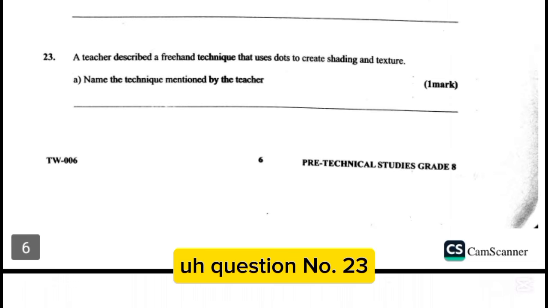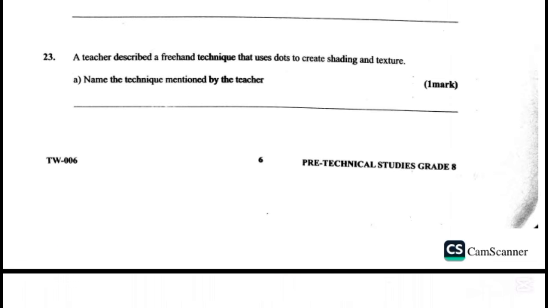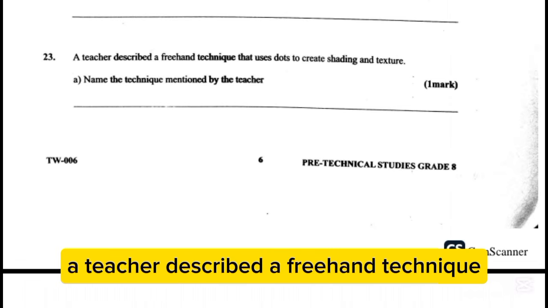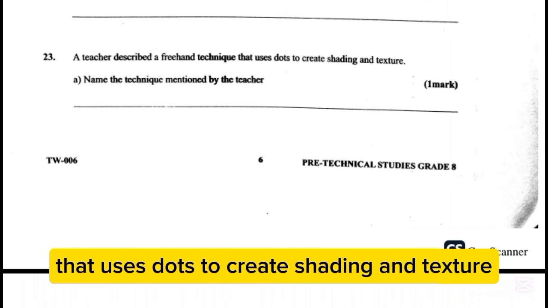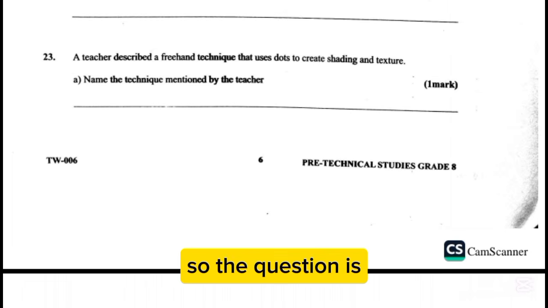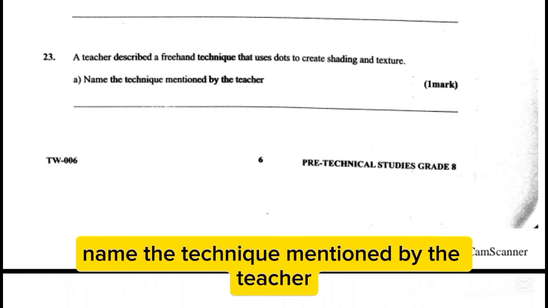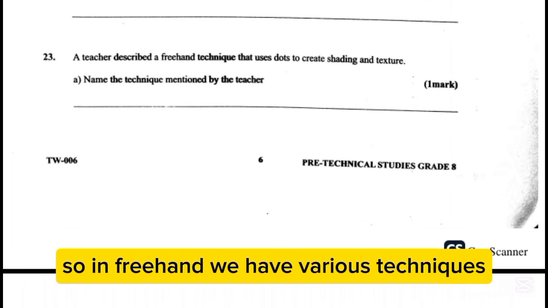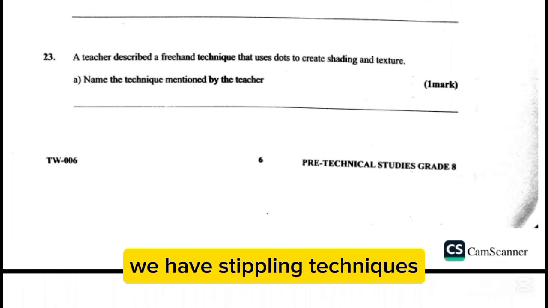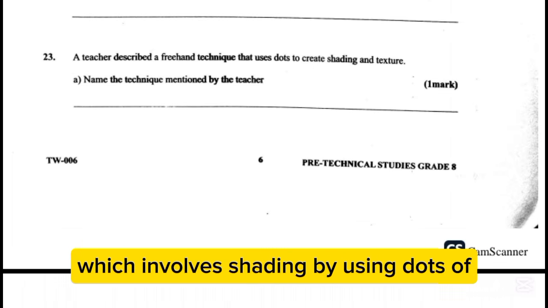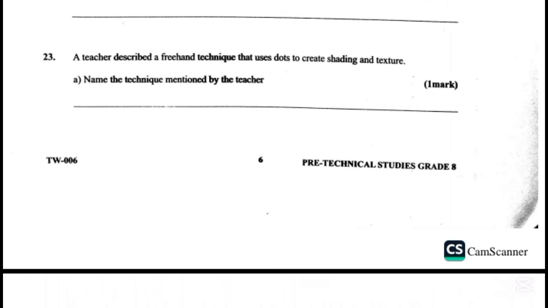Question number 23. A teacher described a freehand technique that uses dots to create shading and texture. So the question is, name the technique mentioned by the teacher. So in freehand, we have various techniques. We have stippling technique, which involves shading by using dots of varying density.